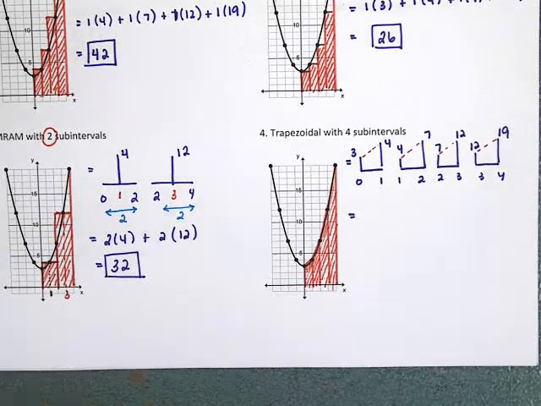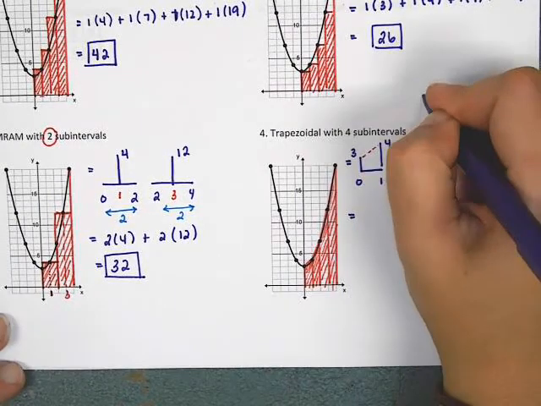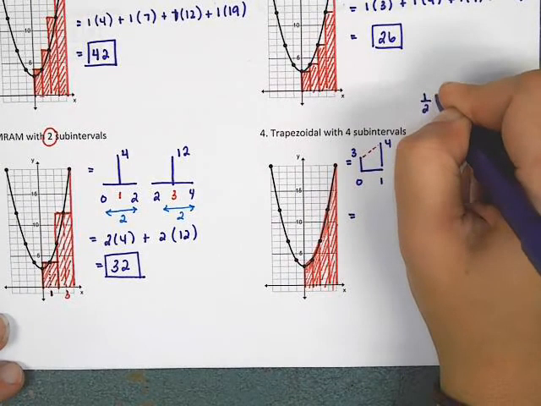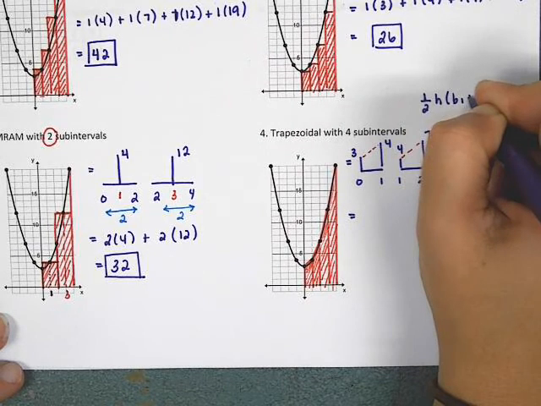So when I do this approximation, I'm going to have to use my trapezoid formula. Instead of base times height, I'm going to do 1/2 height times base 1 plus base 2.